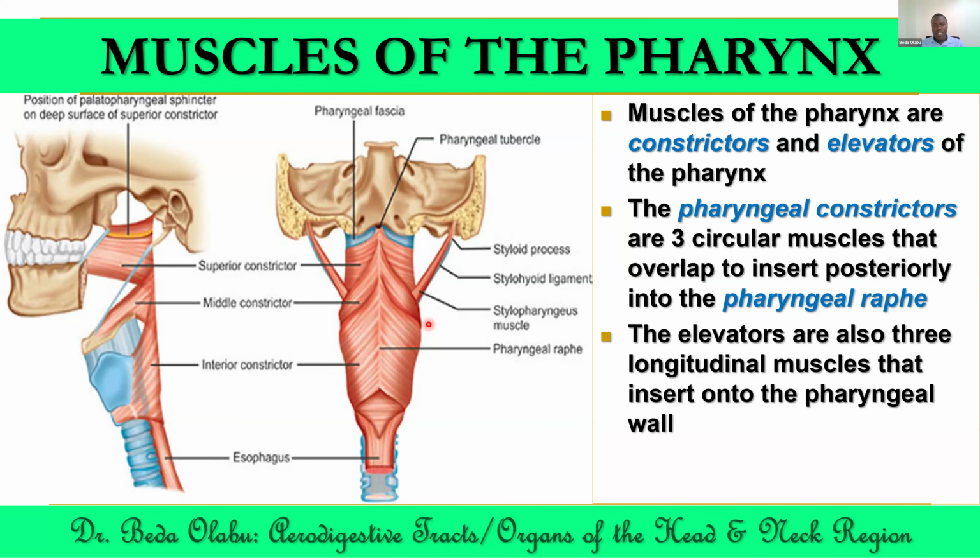Although they are skeletal muscles, they are also involuntary. So this is a unique type of skeletal muscle which basically is involuntary. And that's why the pharyngeal phase of swallowing is an involuntary phase, in as much as the muscles involved there are skeletal musculature.